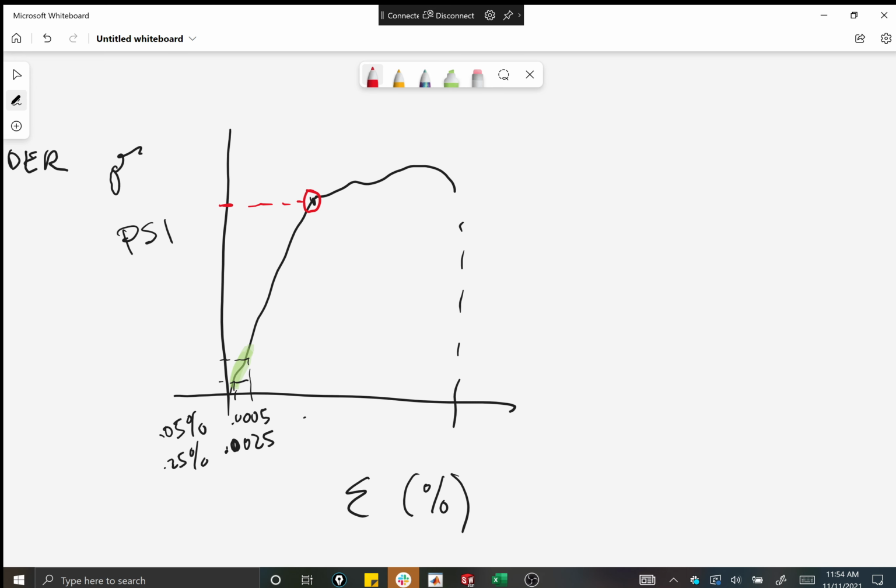Okay, so then what else do we have going on here? What's this point? Ultimate tensile strength. What happens between here and here, and somebody could call me on this, this is a simplification, but the way I've read it is basically this is a molecular rearrangement of the actual material in response to the stress.